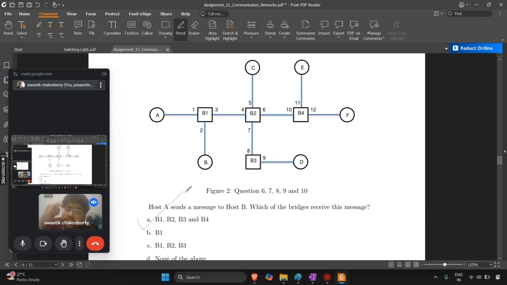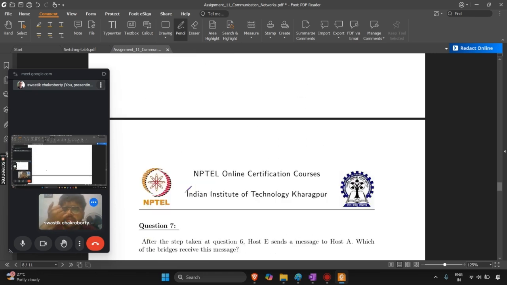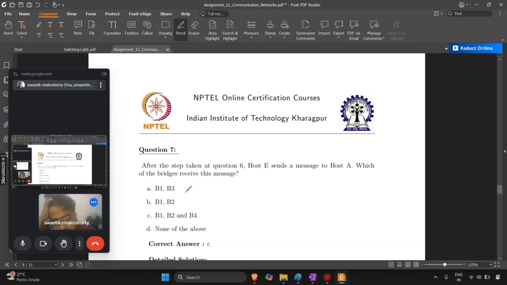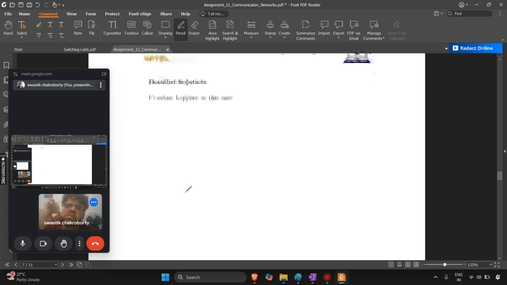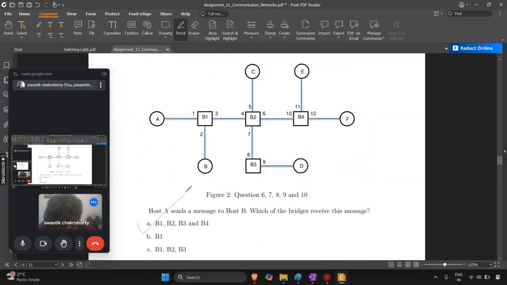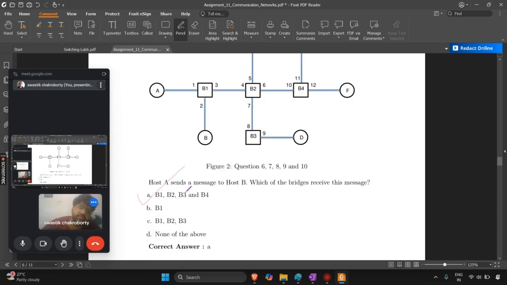So the correct answer is option E. Now this flooding happens because the forwarding table is empty, so no one knows where exactly to send the frame. That's why there is flooding.